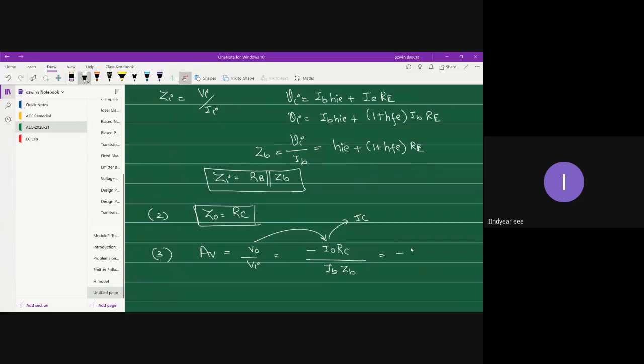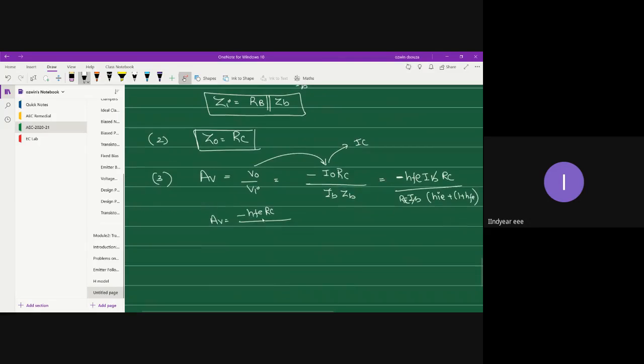So I0 is IC, so IC is minus HFE into IB into RC divided by IB into ZB, right? What is ZB? Somewhere over here we have ZB is HIE plus 1 plus HFE into RE. So IB gets cancelled.